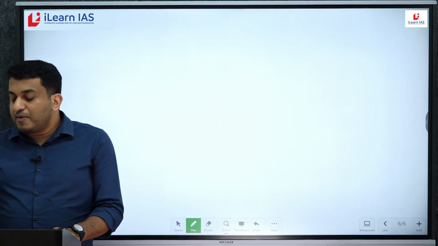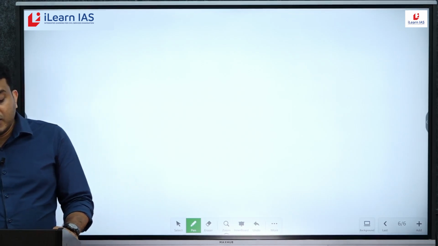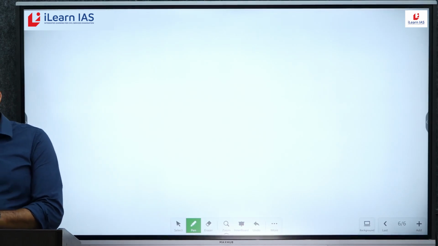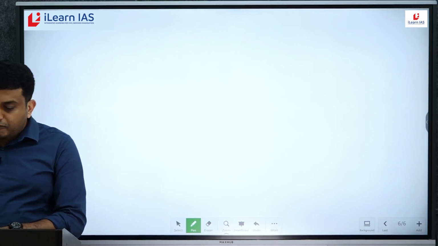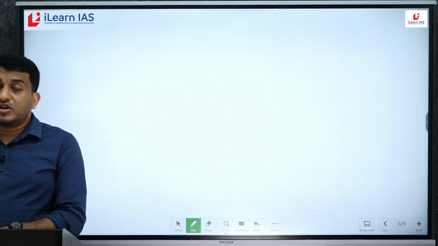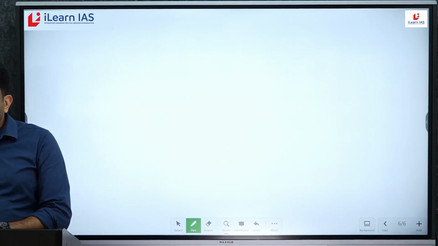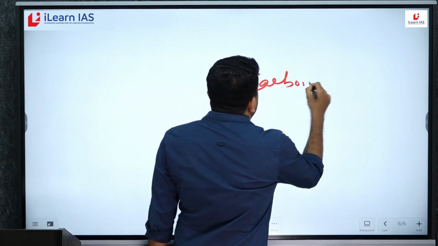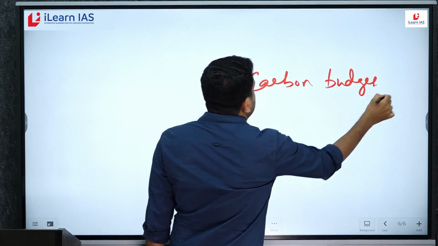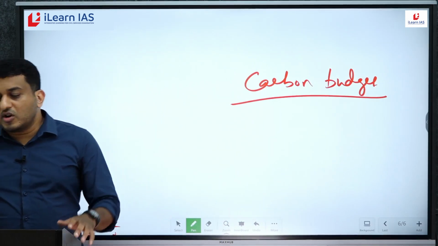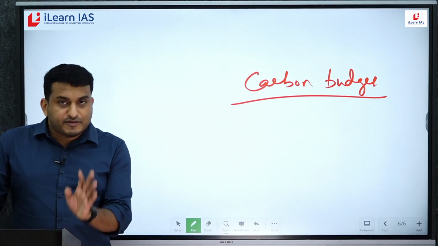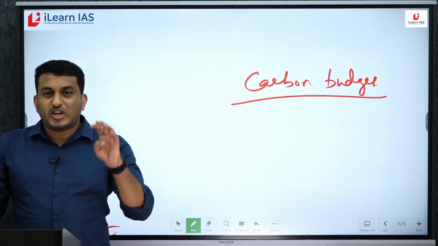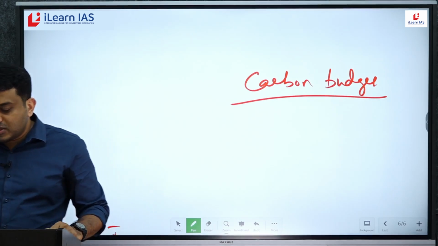Another important finding given in this particular report talks about what we call the carbon budget. Now, what is this carbon budget? This concept was introduced in the 5th assessment report. For the first time, the 5th assessment report quantified the carbon budget.